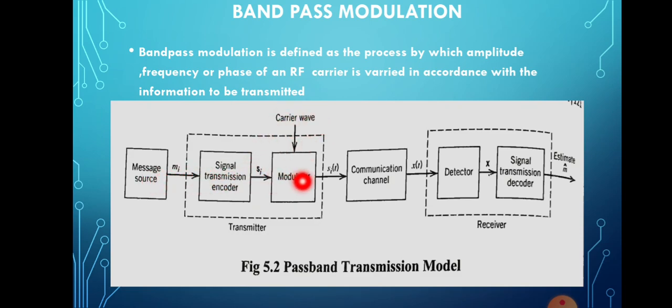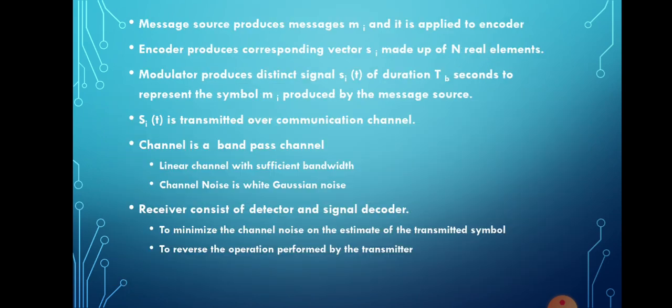After modulation, the signal produced is si(t), a function of t. The modulator produces a distinct signal si(t) of duration Tb seconds to represent the symbol mi produced by the message source. So si(t) is transmitted over the communication channel.